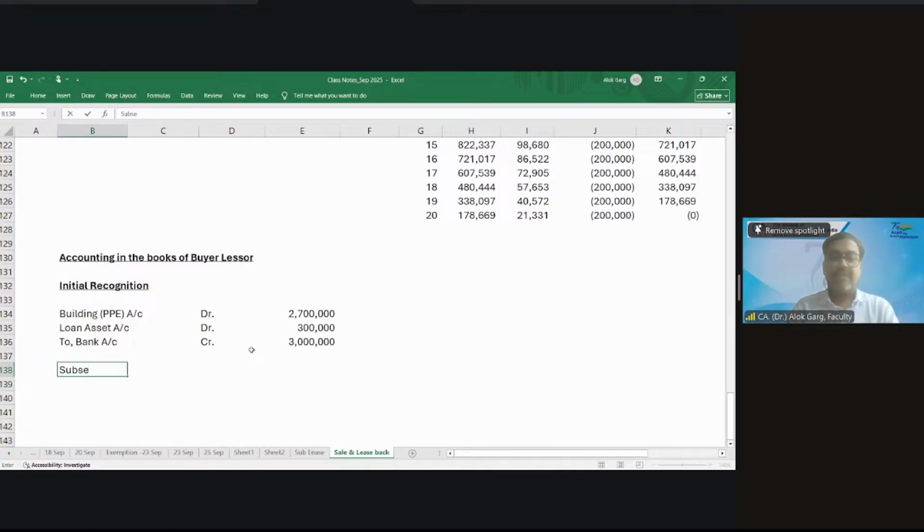What is the subsequent accounting? Subsequent accounting क्या होगी रिपोर्टिंग डेट पे? Lessor will depreciate the building over the useful life. उसका एसेट है ना ये. पीपी स्टैंडर्ड में हमने पढ़ा है ना डेप्रिसिएशन.